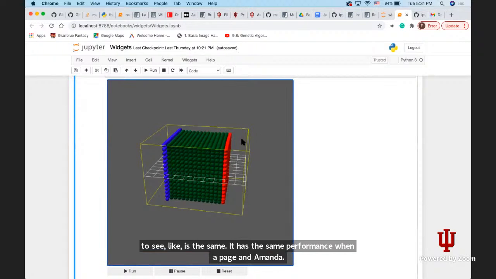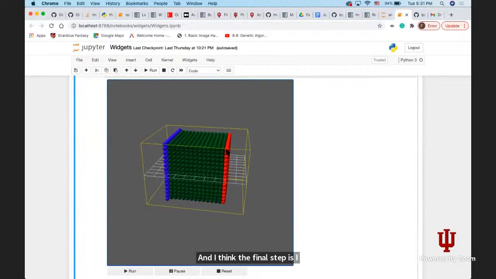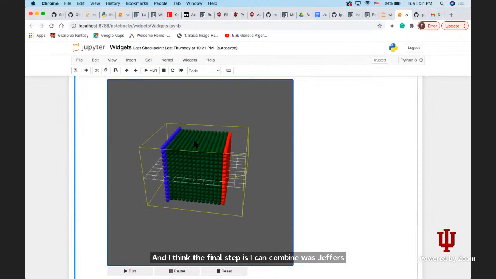And I think the final step is I can combine with Jeffrey's project and try to implement his project on NanoHub using my widgets.